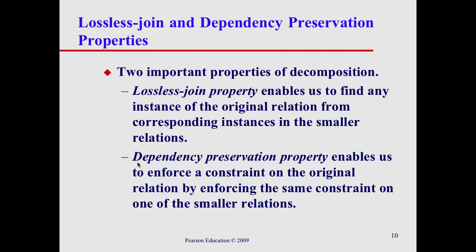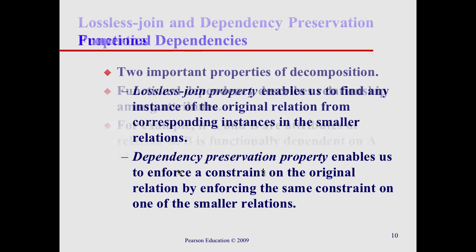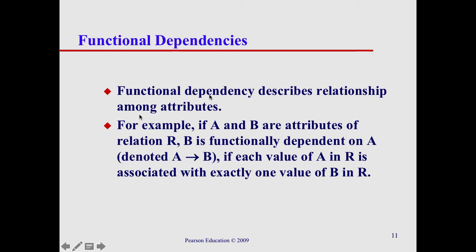Okay, so dependency preservation, functional dependency, and relationship in the ER model are one and the same. So in the ER model, we talk about relationships. When we're doing normalization, we talk about functional dependency. So remember I said normalization is more mathematical. Okay? So in the case of normalization, we have a mathematical definition for a relationship.